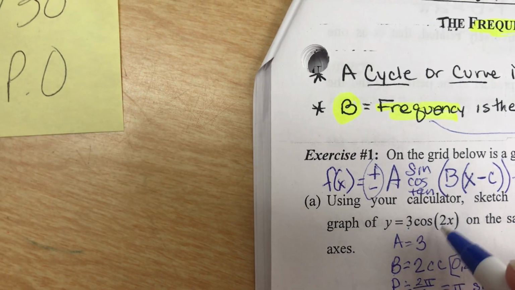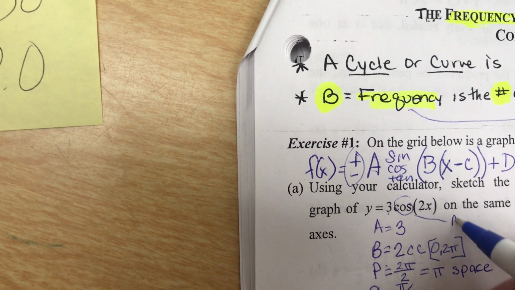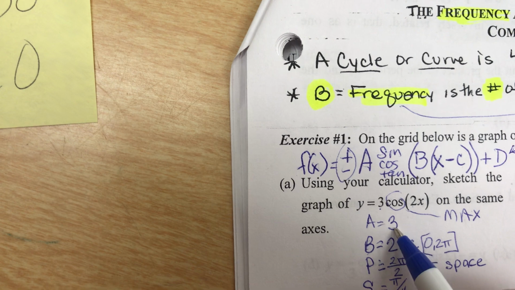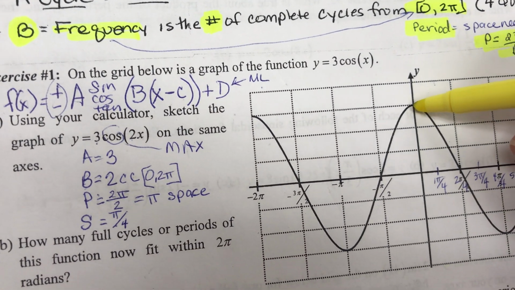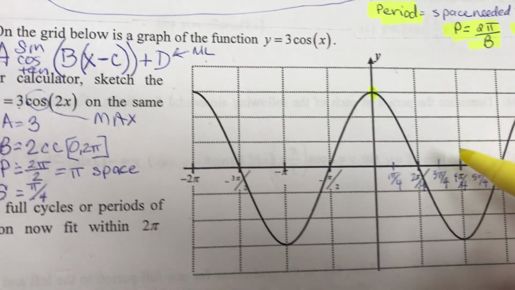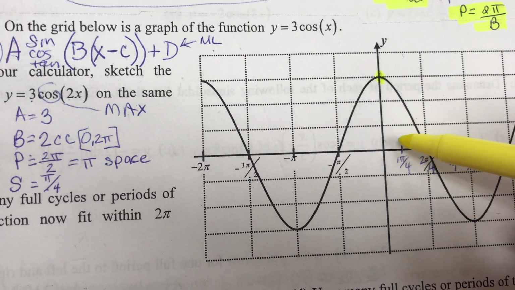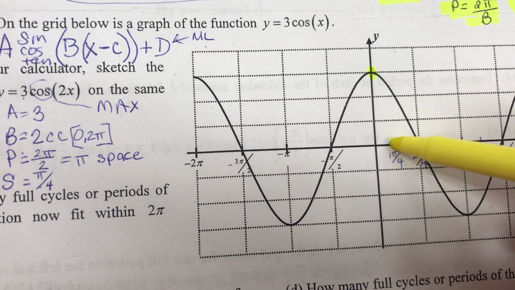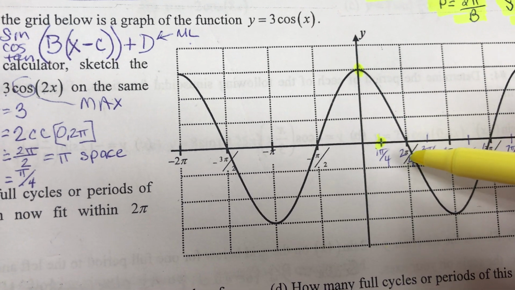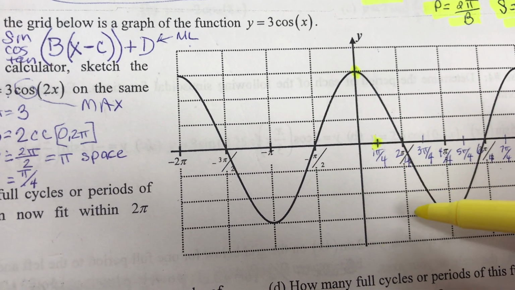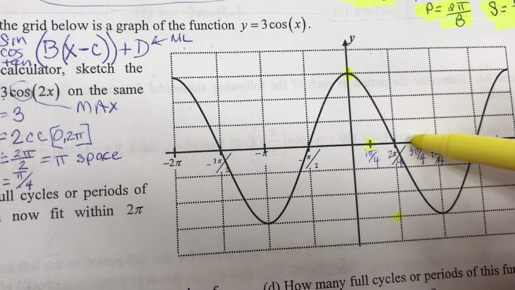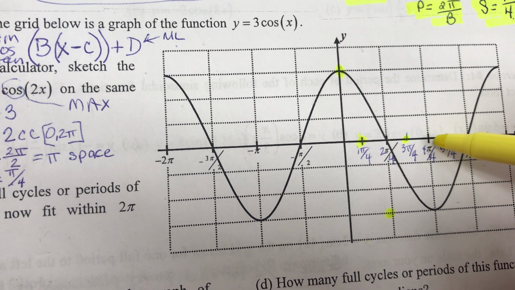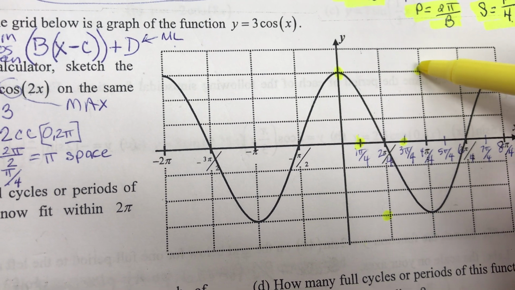Okay? So with cosine, cosine always starts at the max. My max is 3. So I'm going to start it at 3. But then instead of going to the middle here, I need to go to the middle at this tick mark. My next tick was 2 pi over 4. That should be my min. My next tick is 3 pi over 4. My next tick is 4 pi over 4 max.